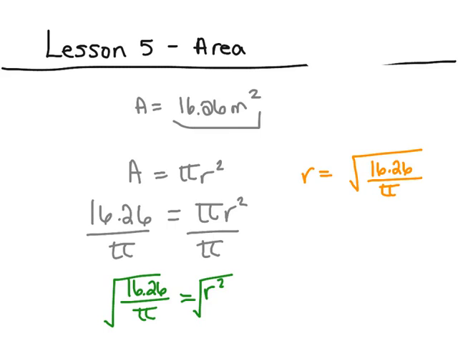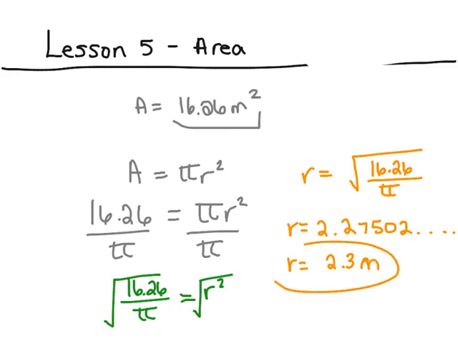Without clearing your calculator screen, I want you to hit the square root button, equals, and you should get r is equal to 2.27502 dot dot dot, a whole bunch more numbers. So we're going to round that to be 2.3 meters. I think we're dealing with meters. So that's how you work backwards to solve when you know the area.